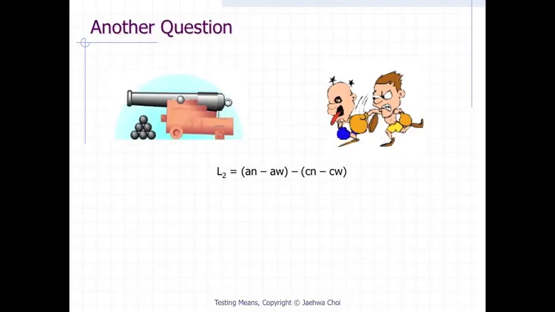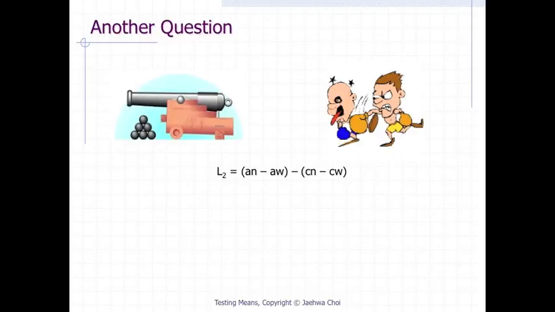The priming of aggressive words is the quantity AN minus AW. The priming of non-aggressive words is CN minus CW. The comparison is the difference. L2 equals the quantity AN minus AW minus the quantity CN minus CW.